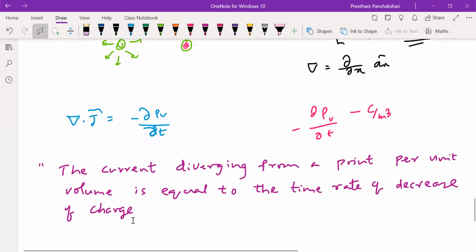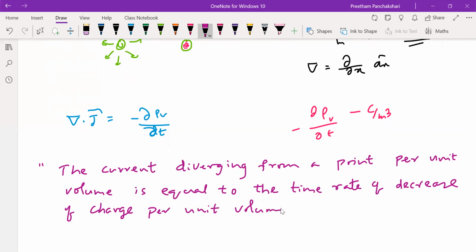That's why rate of decrease of charge per unit volume. How much volume? At the point. That means the unit volume is differential volume, which represents the point. This gives the physical significance of the continuity equation of current.